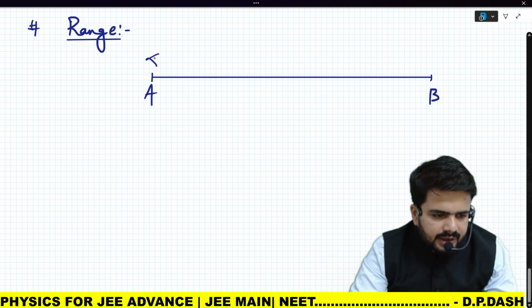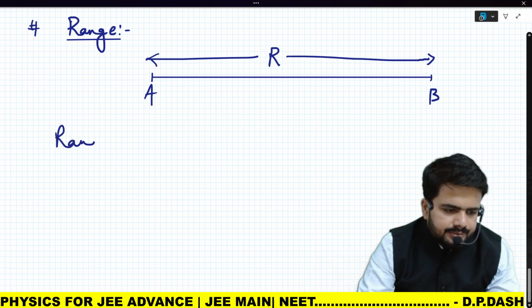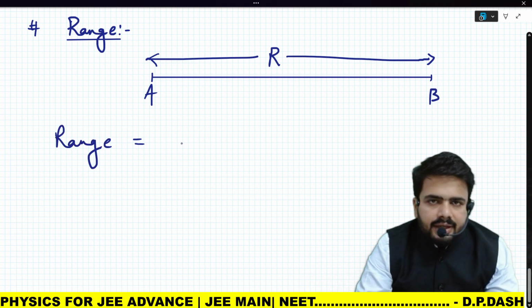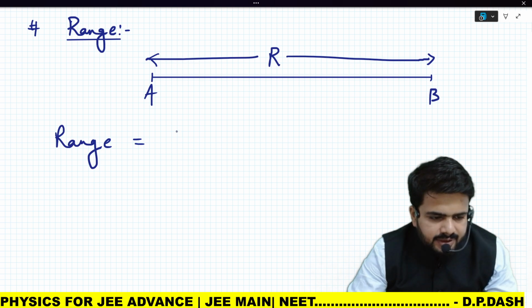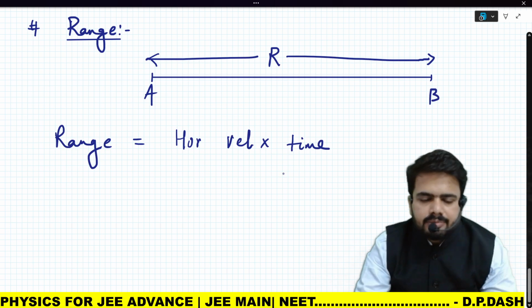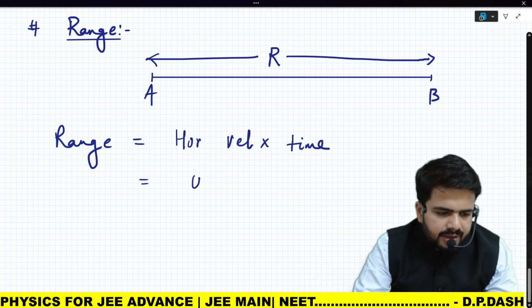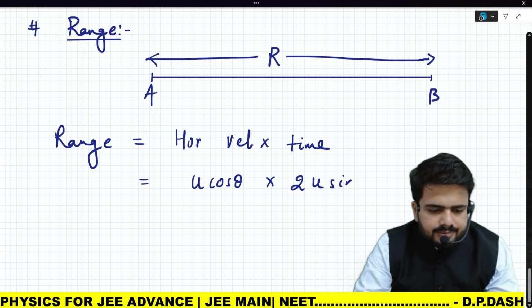So how can we find out this range? Range is a kind of horizontal distance or horizontal displacement. Horizontal displacement is horizontal velocity into the time required to go from A to B. Horizontal velocity is u cos theta, into the time already calculated, 2 u sin theta by g.